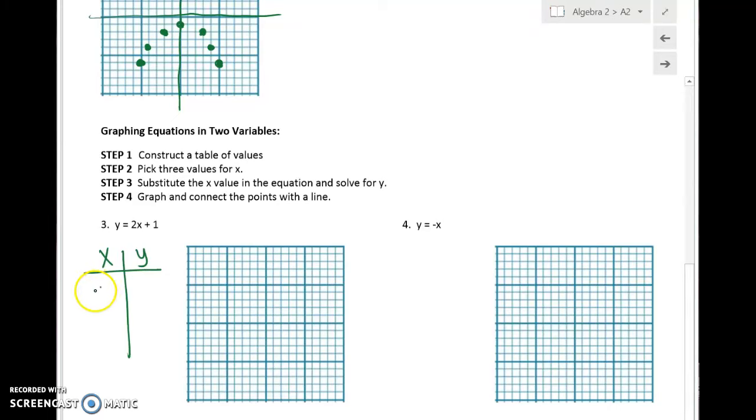For this one, I'm going to do -2, 0, and 2. Plug whatever numbers you chose into this function. So 2 times -2 is -4, and -4 plus 1 is -3. Plug the other numbers in, plot your points, and then draw a straight line through those points.